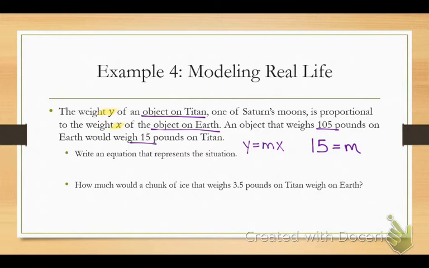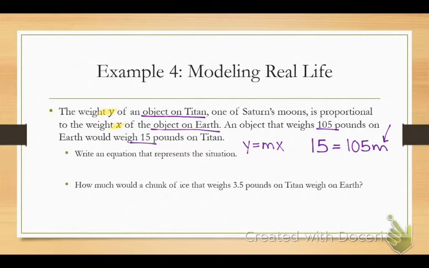And what was my X again? It was Earth. And what was the value for Earth? 105. Now, is this how I normally would write a number times a variable? No. How would I write it? 105M, okay?